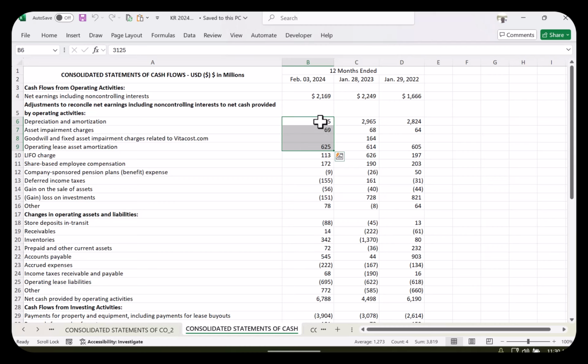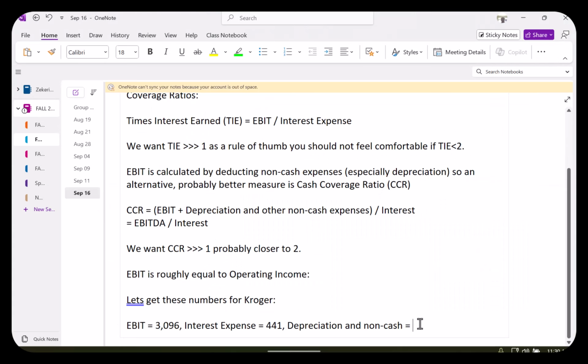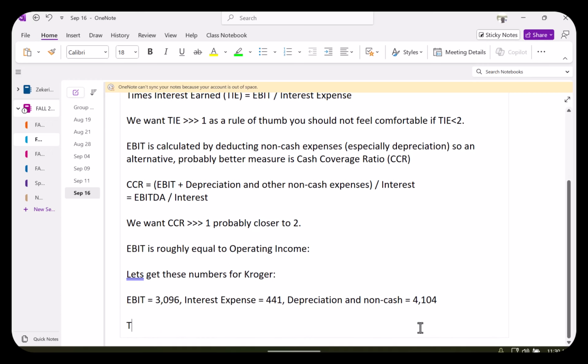These are all non-cash expenses. So that means times interest earned is 396 over 441. So it's about 7.